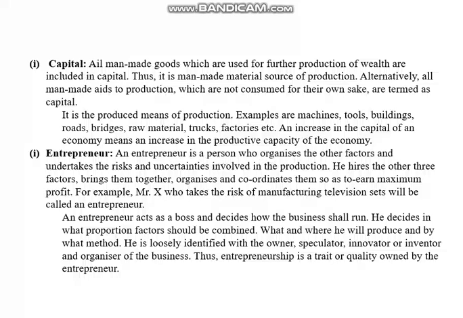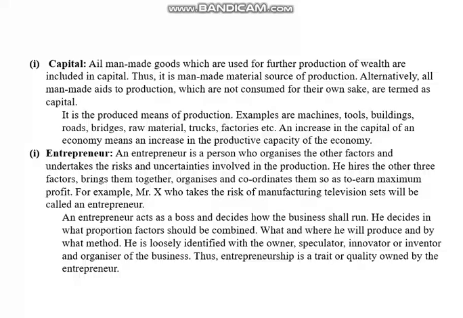They can make more products, lay more roads, produce more mobile phones, more wheat, more rice, more things. That is how the productive capacity of that economy is increasing. Okay, so all these fall under capital.